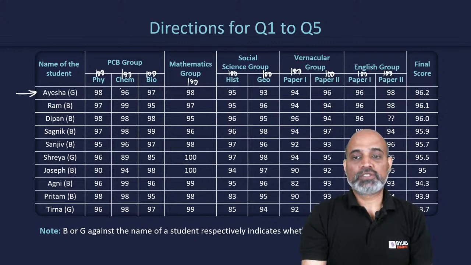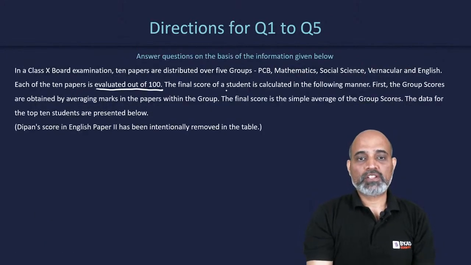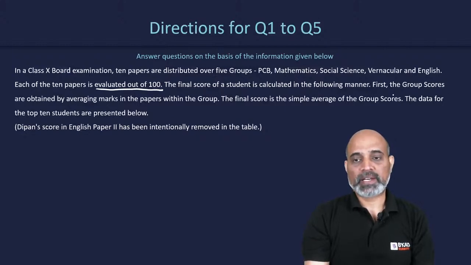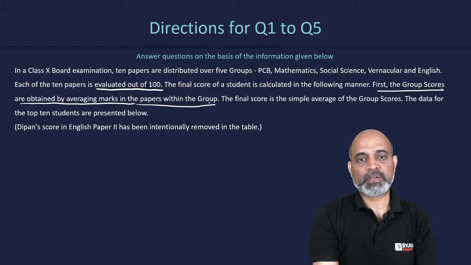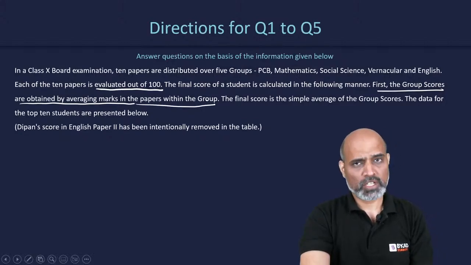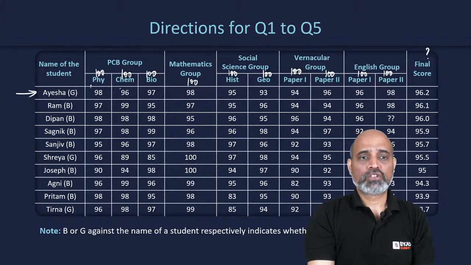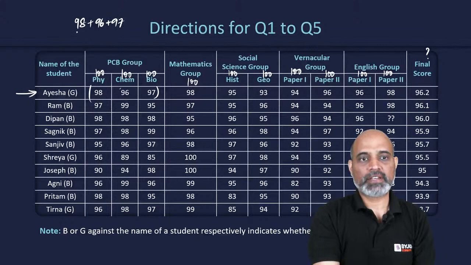So this final score, how is it calculated? What is the formula for this? The final score of a student is calculated in the following manner. First, the group scores are obtained by averaging marks in the papers within the group. What does this mean? For Aisha, for the PCB group, we'll be doing 98 plus 96 plus 97 divided by 3. So this is the average of this group.